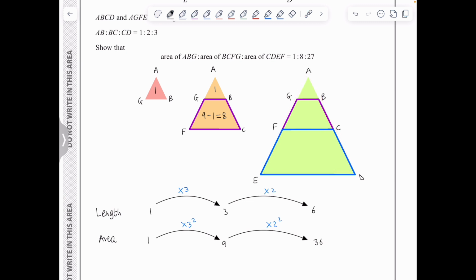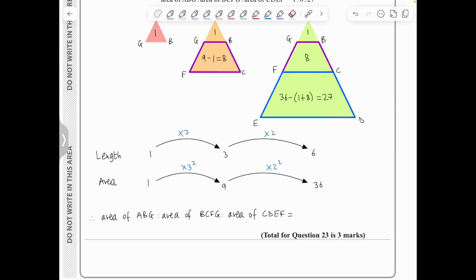We already know that this is 1 and this is 8, so this will be 36 minus 1 plus 8, which gives an answer of 27, and therefore we can safely conclude that the ratio of the area of the small triangle to this trapezium to this trapezium will be 1 to 8 to 27 as required.